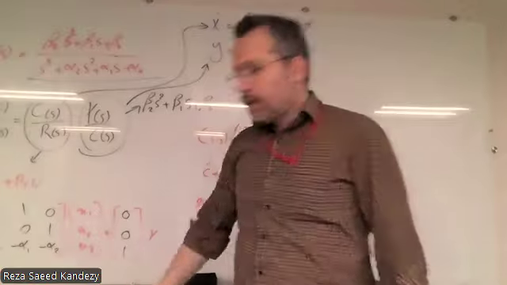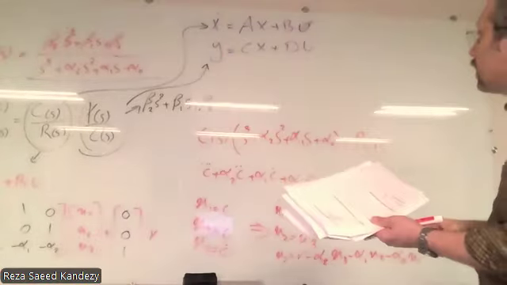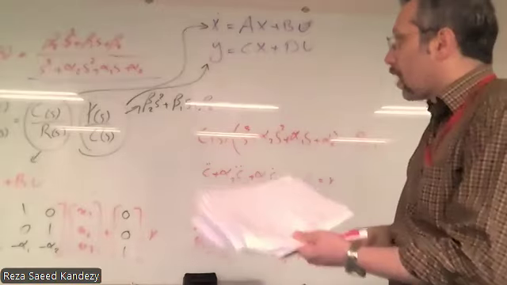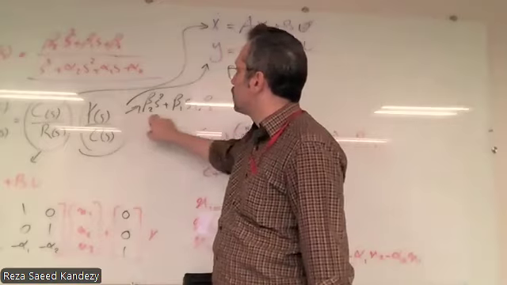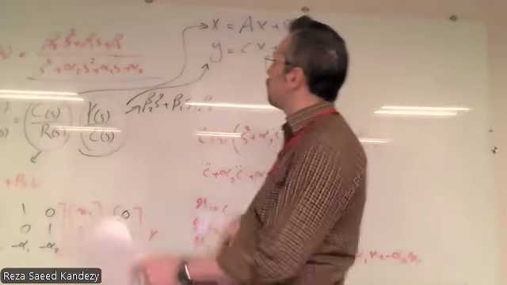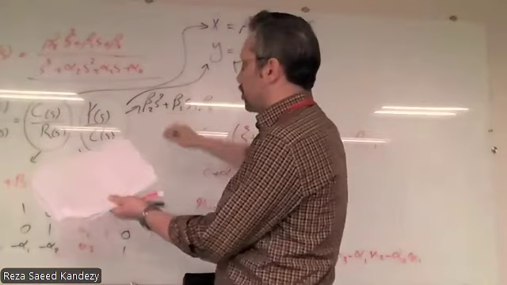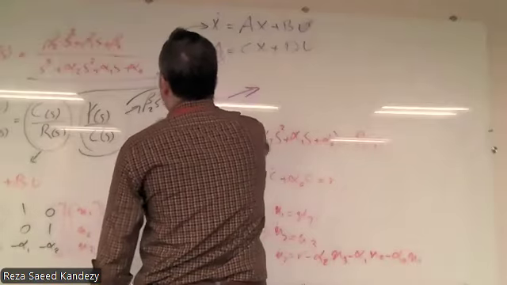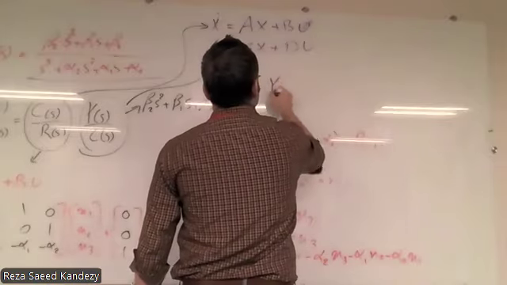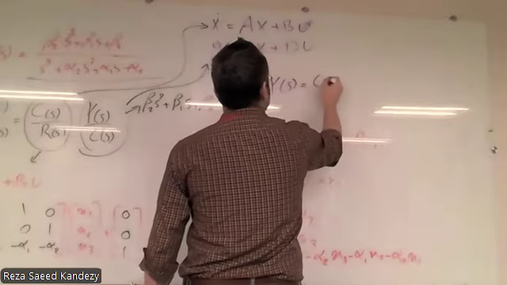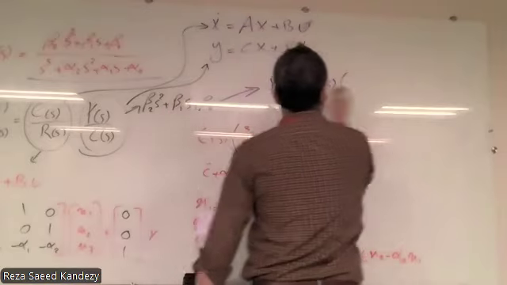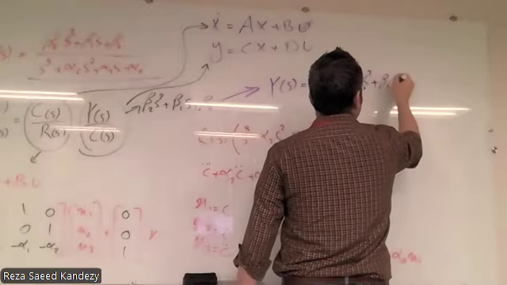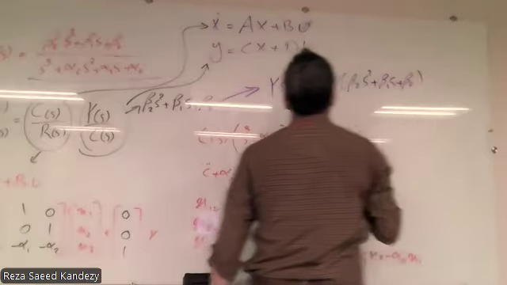That y equal to Cx plus Du. Now, we know that this is the function that we use for this one. So, from this function, we know that y of s is C of s times beta 2 s squared plus beta 1 s plus beta 0.